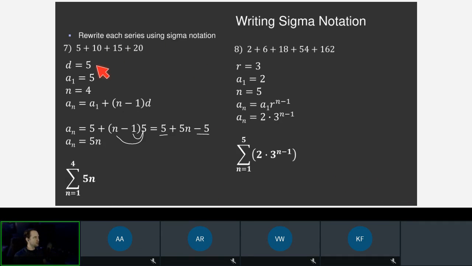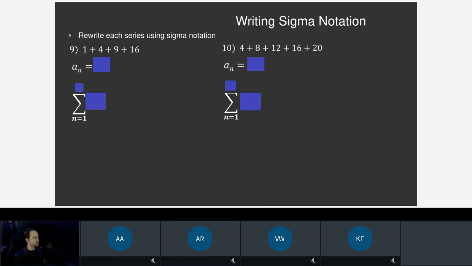All right, so that was an example of arithmetic and geometric. Now for these, you're going to have problems that won't be arithmetic or geometric. So 1, 4, 9, 16.